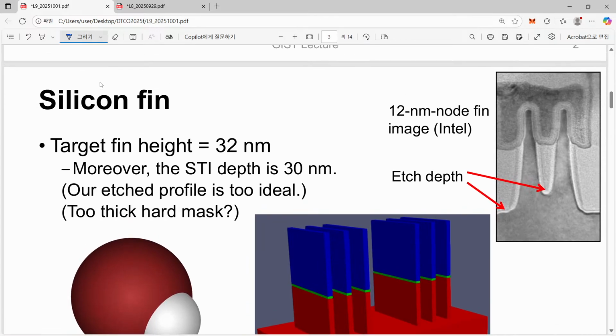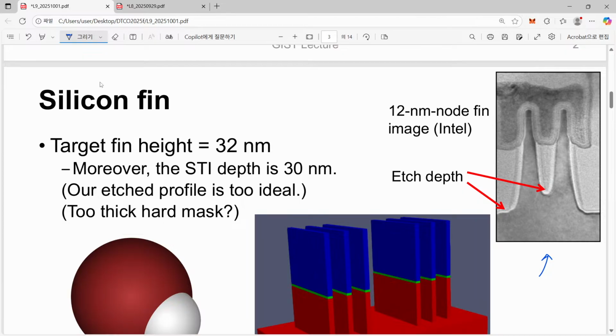This one shows a TEM image of a real FinFET, actually the Intel one. We can have similar TEM images from different companies, but I just took Intel's. Here we have two different fins. Yes, we are currently using a 3 fin structure, but 2 fin and 3 fin were the standard at the initial point.